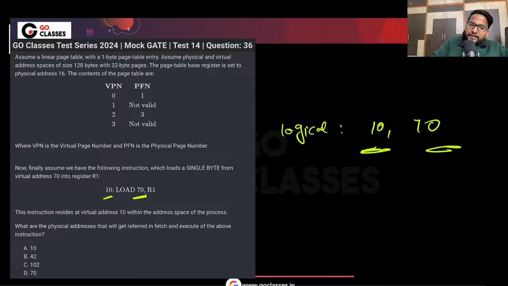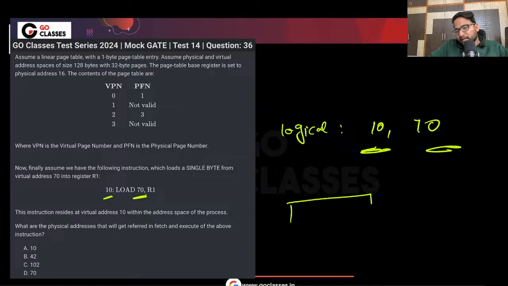If you convert 10, you will see this is virtual page number 0, because the page size is 32 bytes. 10 will be in page 0, because you can just take a mod. So 10 will be page 0, which means physical page number 1.